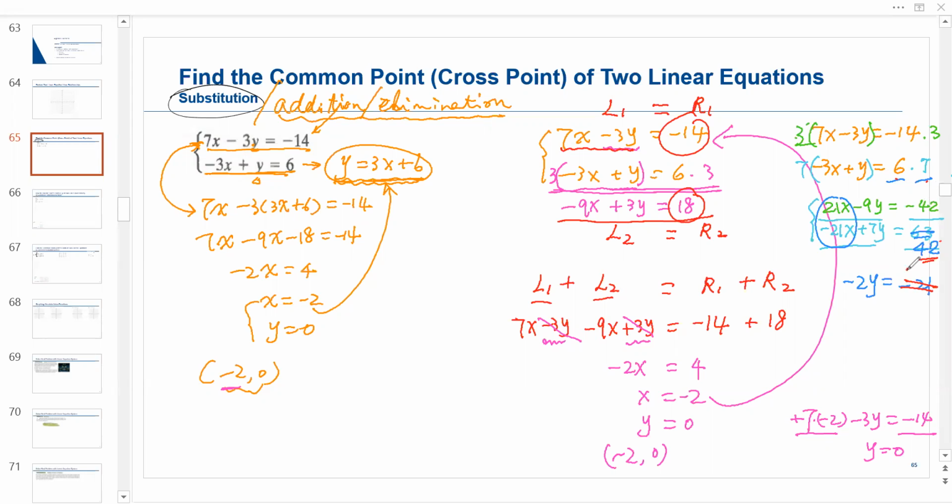So the right part x equals 0, right? So you get y equals 0. Put it back into the first expression. So you get 7x equal negative 14, x equal negative 2. So the result should also be negative 2, 0.